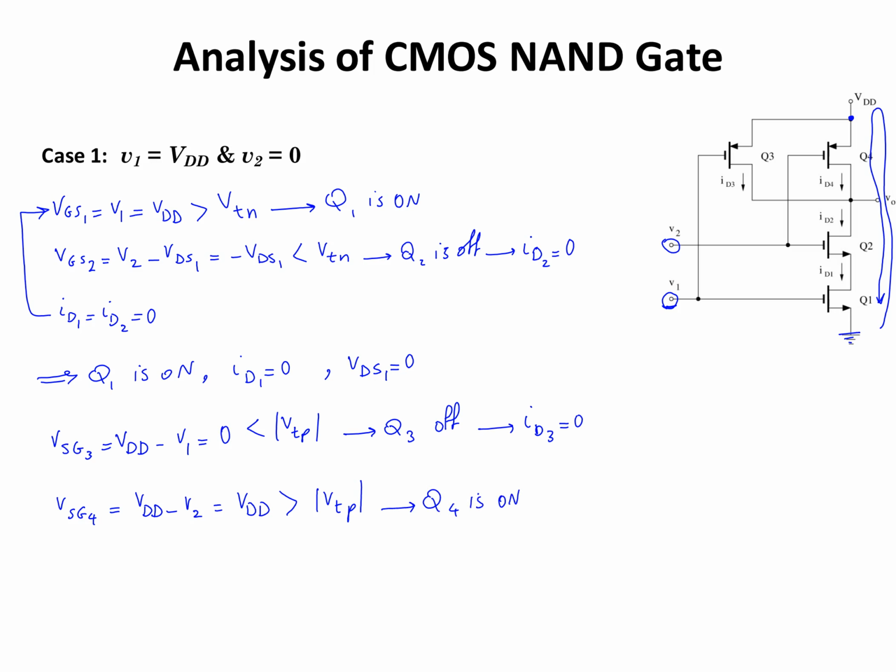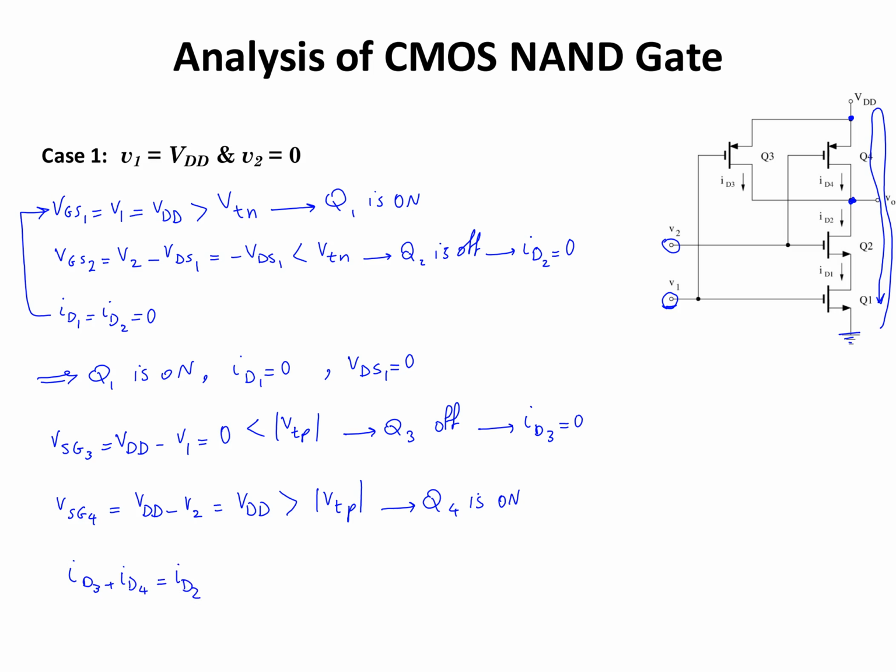Now I need to check the state of Q4, and I need to take a look at the current ID4. So I'm looking at the KCL that we wrote for the output node, and I know that ID3 plus ID4 is equal to ID2.